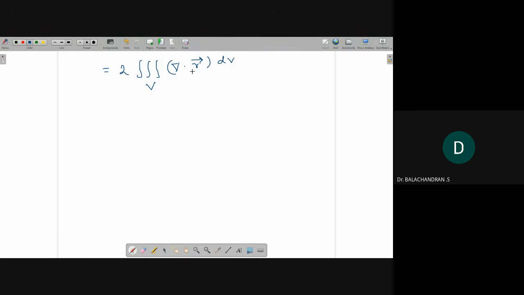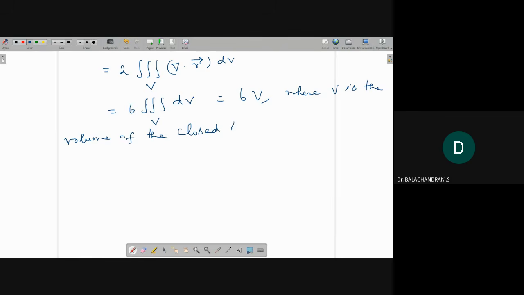You know that del dot r vector is 3. So 3 into 2 is 6, triple integral over V of dV. So 6 into V, where V is the volume of the closed surface.